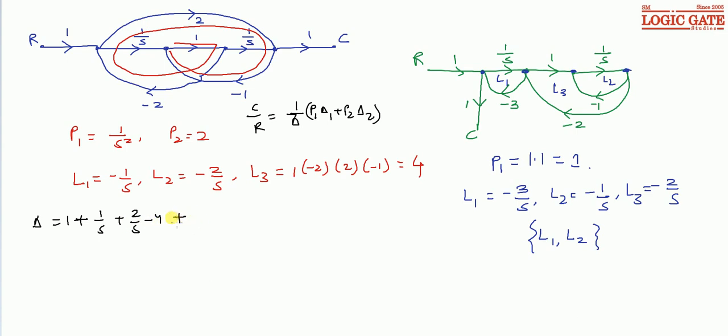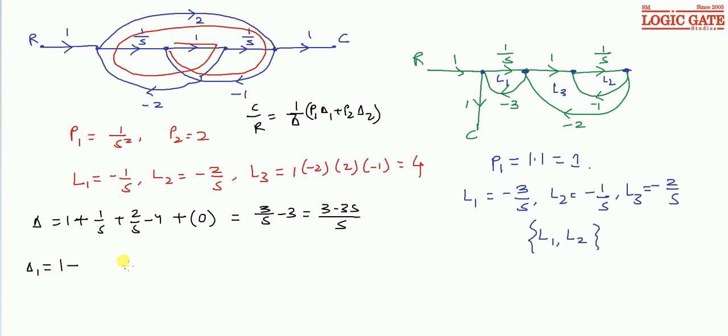And then plus sum of products of gains of all pairs of two non-touching loops. So here all the loops are touching, so no need to calculate any further. So del will be 3 by s minus 3. So this is 3 minus 3s by s. So this is del.